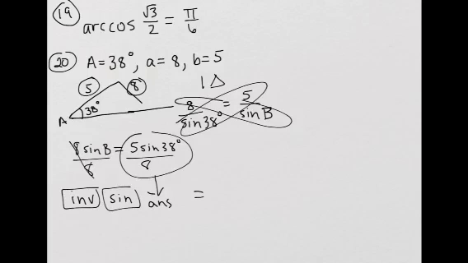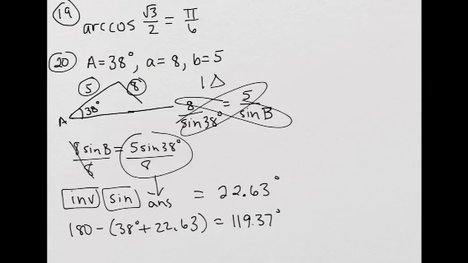Okay, and for that you're going to get, let's see, I've got 22.63. Okay, to get angle C, you take 180 minus the sum of 38 angle A plus angle B, 22.63, and so you get 119.37.